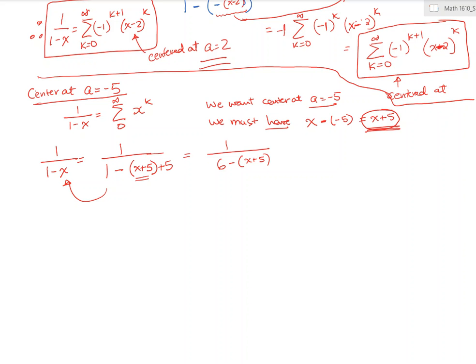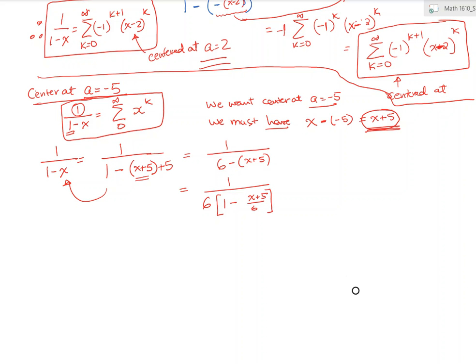So that's okay. Now remember, to be able to use this result, this number doesn't matter, but this is most important. It must be 1 minus x. Right now I have 6 minus this. So how do I get rid of 6? I can factor out 6. So if I factor out 6, I'm left with 1 minus x plus 5 over 6.